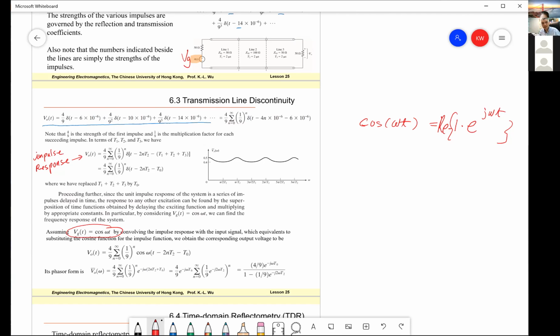To describe a system, if you can measure or calculate the impulse response, that means you can get the response for any input. Then with your excitation, you do convolution. This is the impulse.